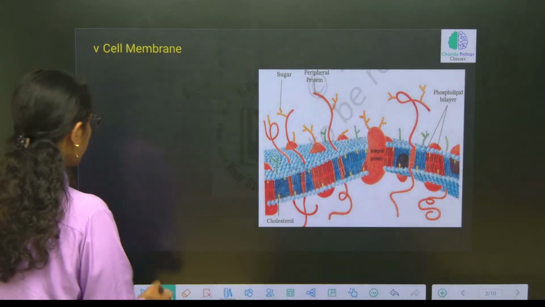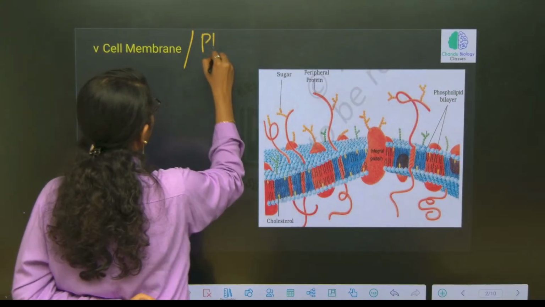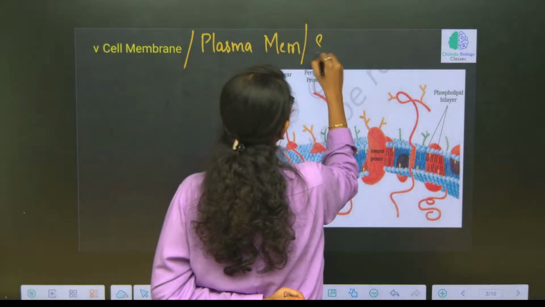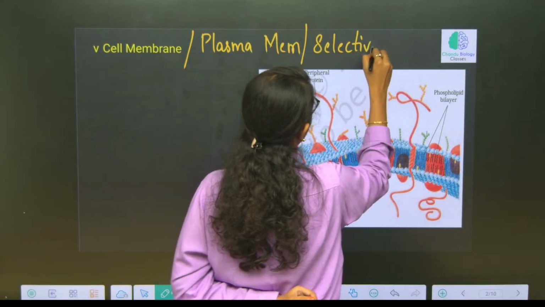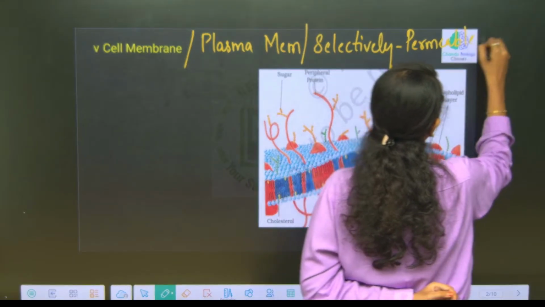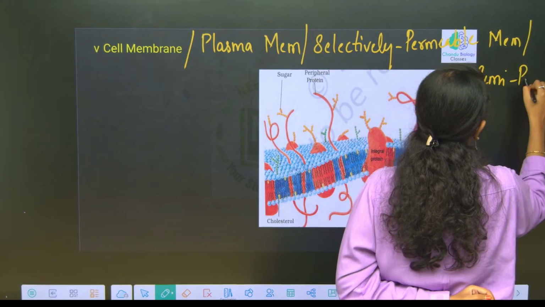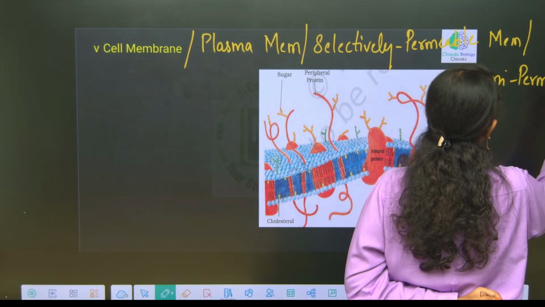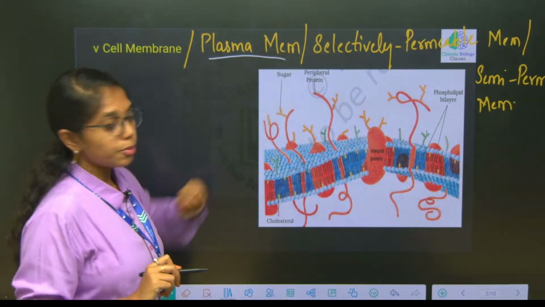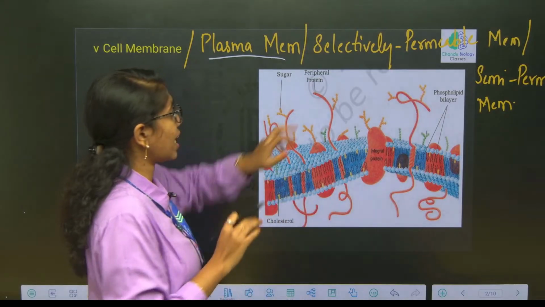So the cell membrane, which is also called the plasma membrane, selectively permeable membrane, or semi-permeable membrane. It is called the plasma membrane because it is the limiting boundary of the plasma which is present inside the cell.